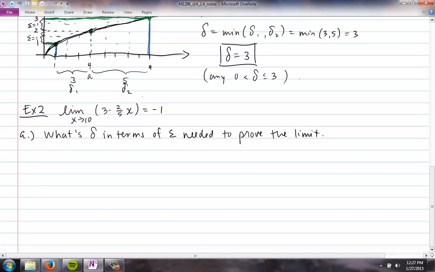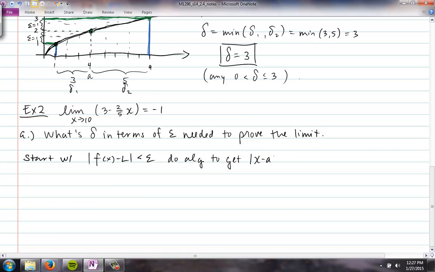How do we even approach this problem? What you do is you start with your definition and the part that says the absolute value of f of x minus L is less than epsilon. Because we're trying to find delta in terms of epsilon, we're going to do some algebra on that to get the other part of the definition that's in terms of delta.